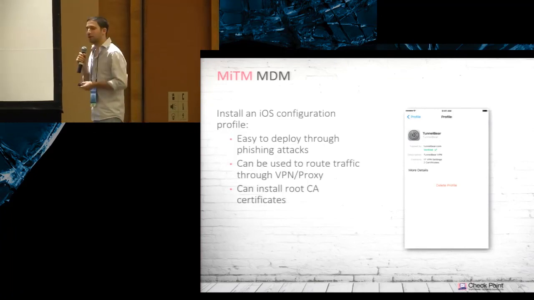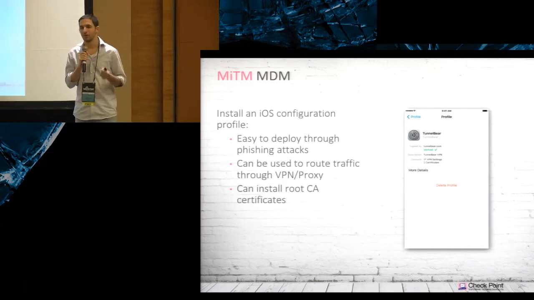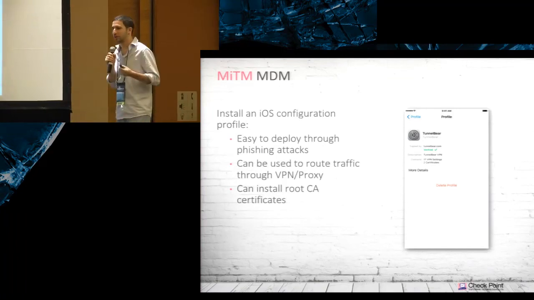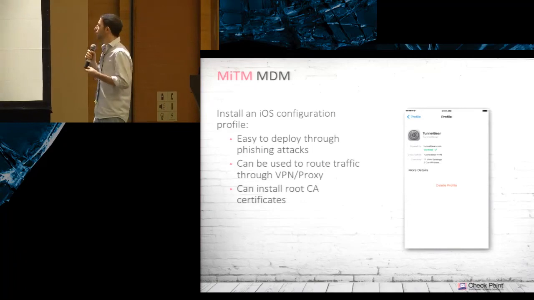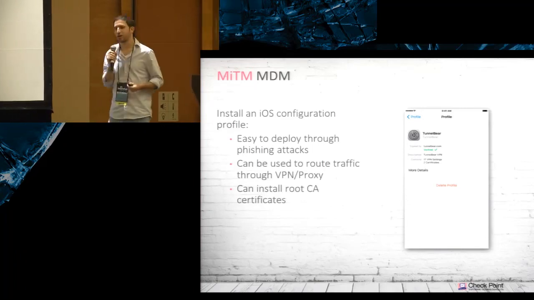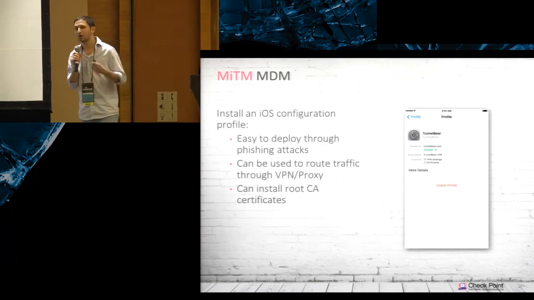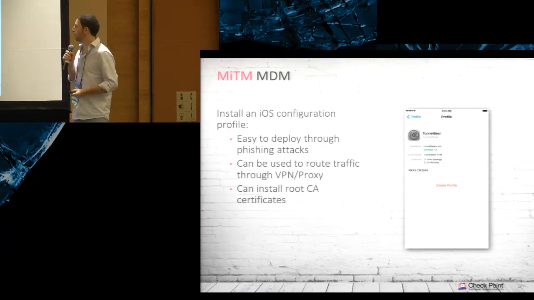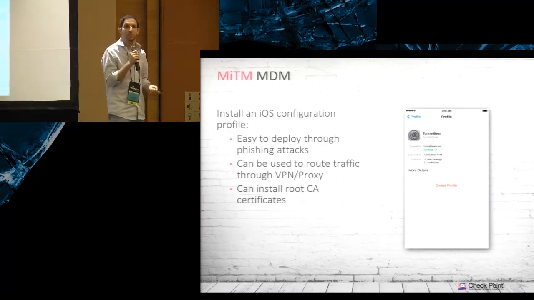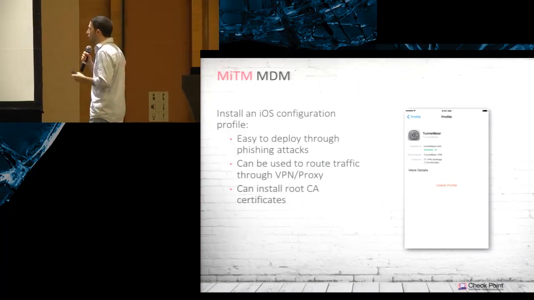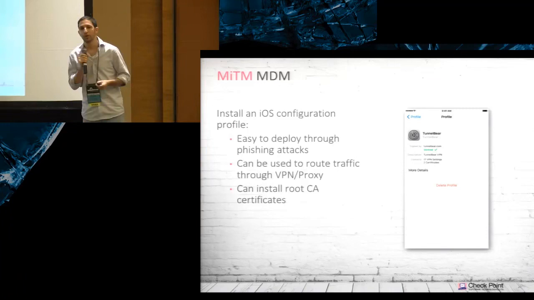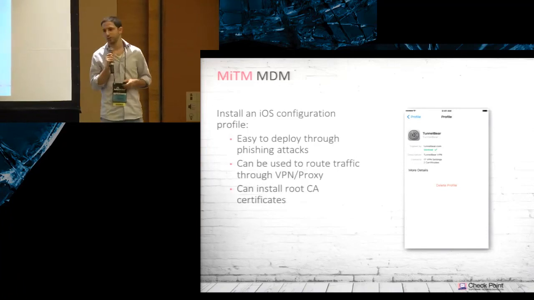An attacker can use the configuration profile, because it's so easy, to do a phishing attack and install a malicious configuration profile that will route all of the traffic through a VPN or a proxy to its own malicious server, and a root certificate that will allow him to decrypt the traffic.